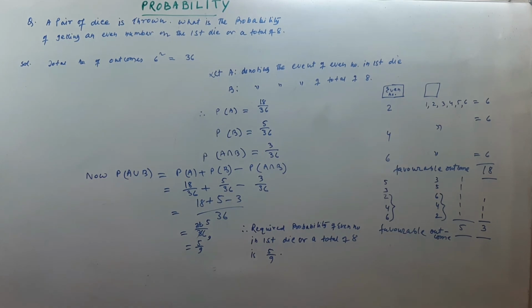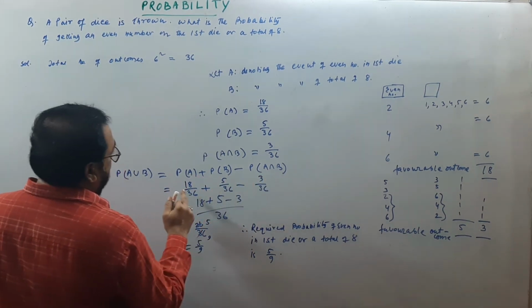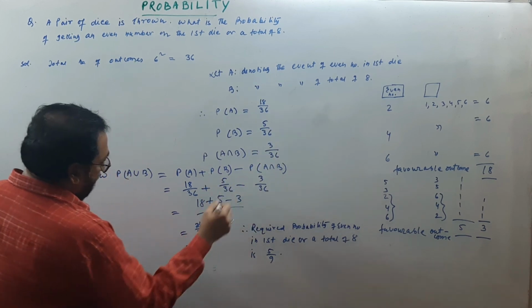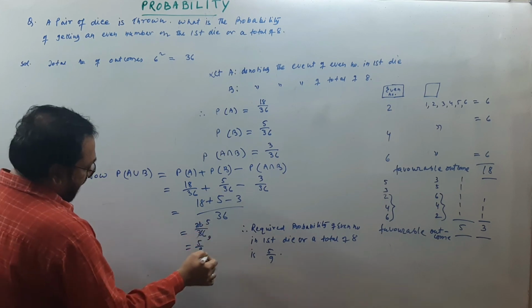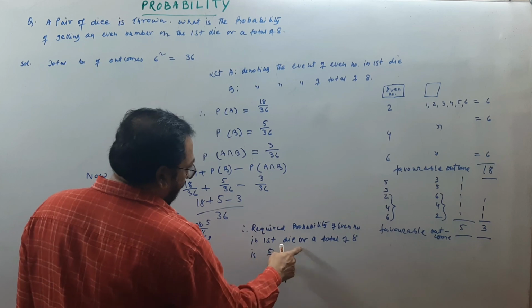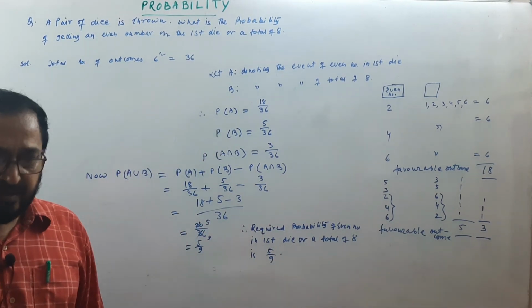P of A union B equals PA plus PB minus P of A intersection B, that is 18 by 36 plus 5 by 36 minus 3 by 36. Then taking the LCM, it should be 20 by 36, that is 5 by 9. Therefore, the required probability of an even number in the first die or a total of 8 must be 5 by 9. Okay. Thank you.